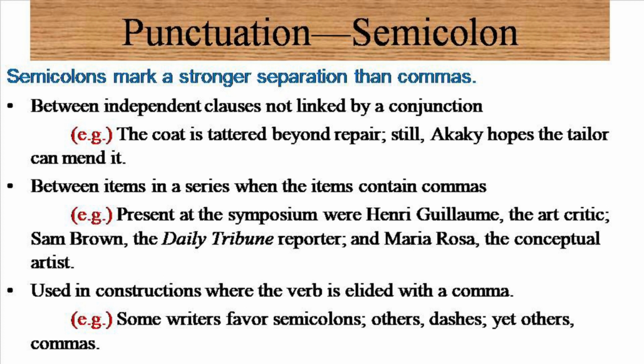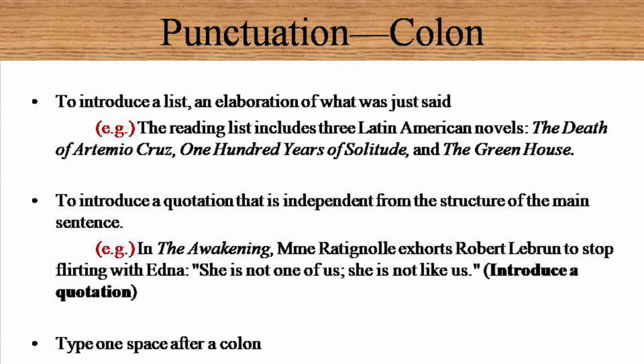It's also used in constructions where the verb is elided with a comma. With regard to colon, it is used to introduce a list, an elaboration of what was just said. It's also used to introduce a quotation that is independent from the structure of the main sentence. You should type one space after a colon.